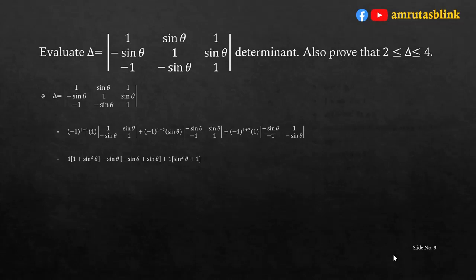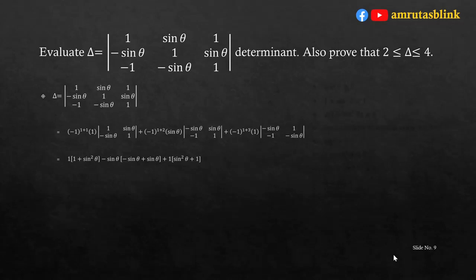So, for the second term we have minus sin theta into minus sin theta plus sin theta. Now, third term minus 1 raised to 1 plus 3 into 1 is equal to plus 1 into bracket minus sin theta into minus sin theta is plus sin square theta, minus 1 into plus 1 is equal to minus 1, minus 1 is equal to plus 1.